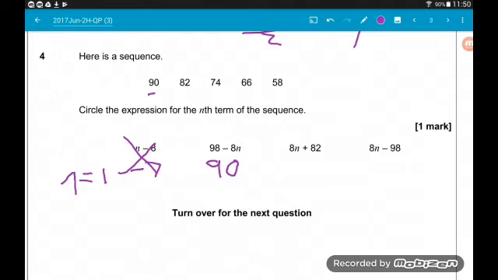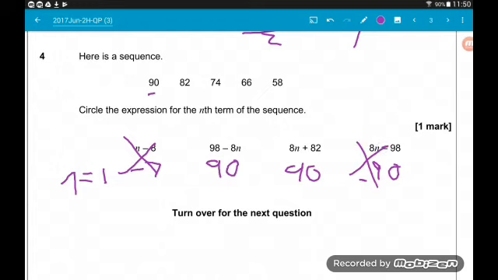Then we've got 8n plus 82, which is 8 plus 82, which is also 90. So that's also a contender. And then we've got the one on the end, 8n minus 98. That would give us 8 minus 98, which is minus 90. So that is not a contender.